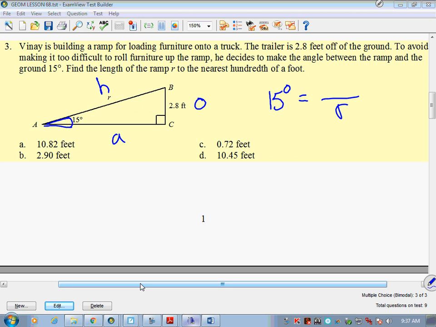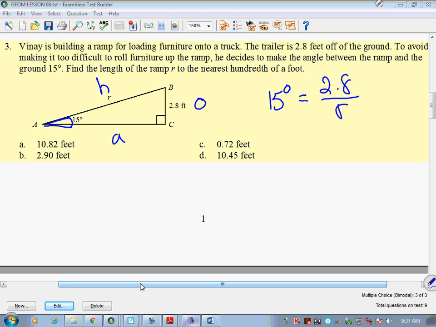Now, can I use adjacent? Why not? Do I know anything about it? I don't have any information. Can I use opposite? Yeah, because I have information. So what am I going to put above r? 2.8.